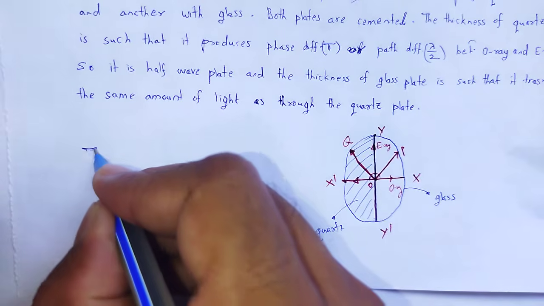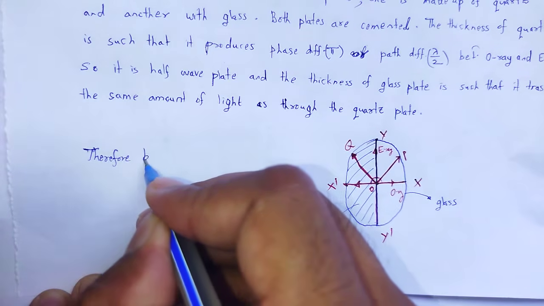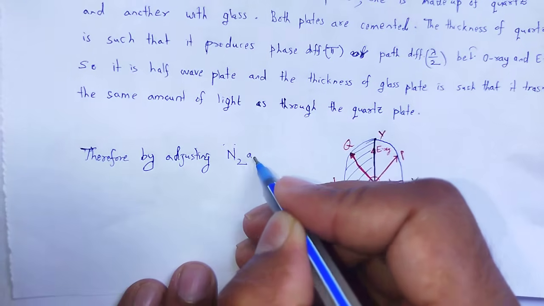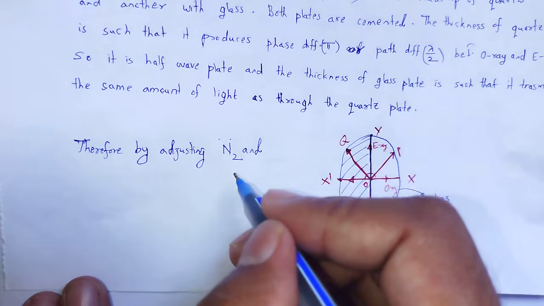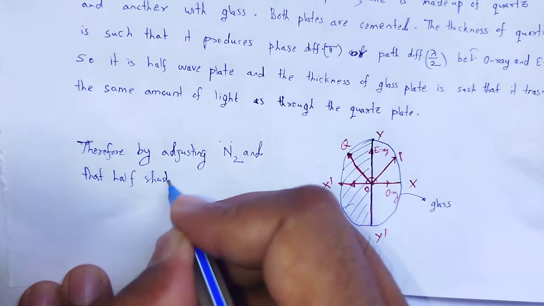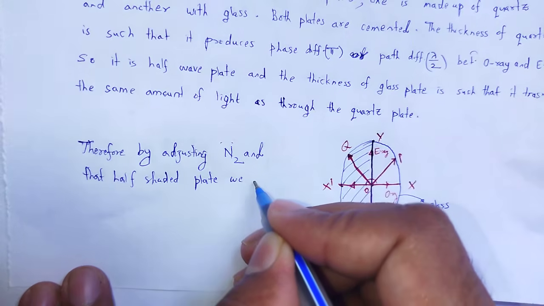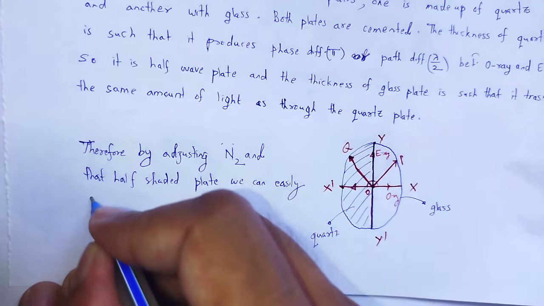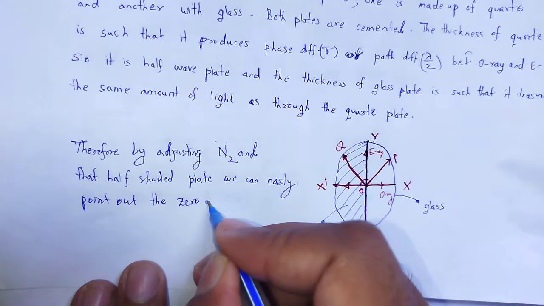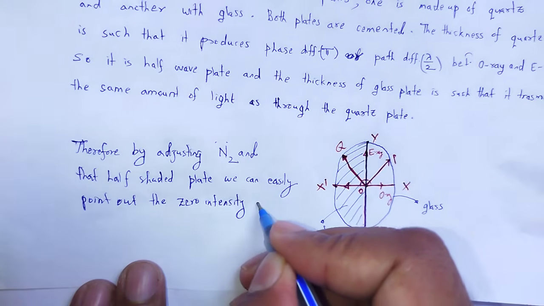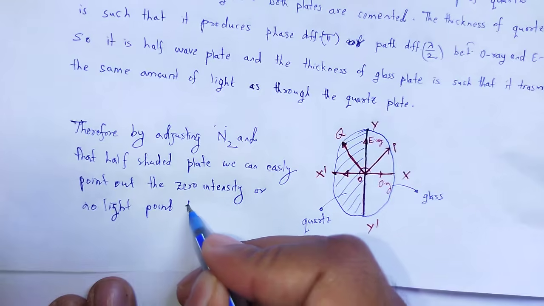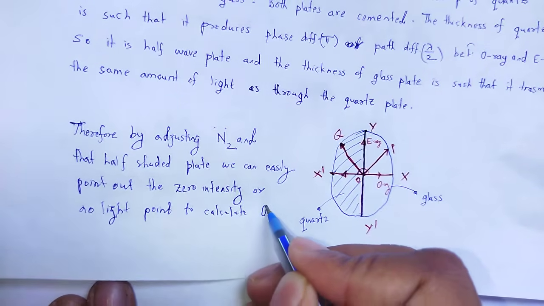Therefore, by adjusting the analyzer N2 and the half shade plate, we can easily point out the zero intensity or no light point to calculate theta.